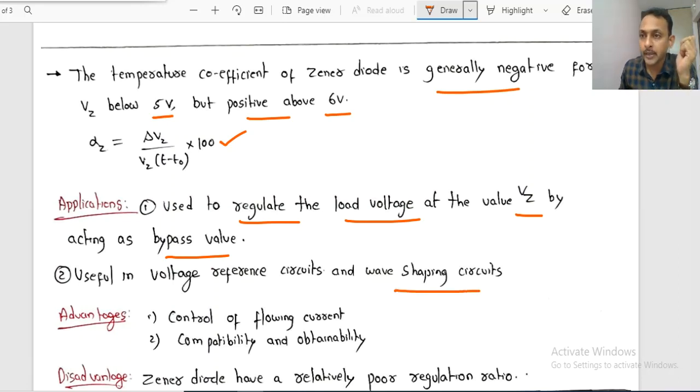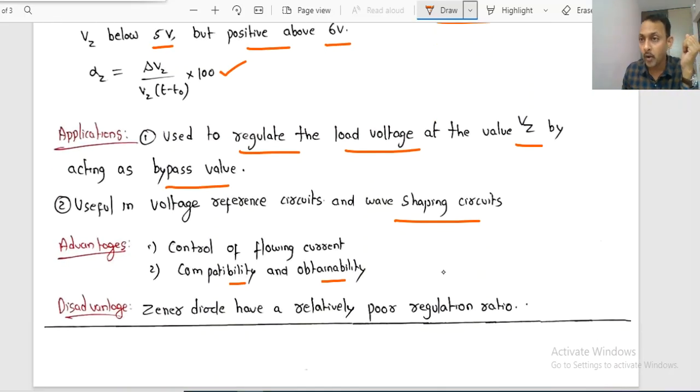With respect to its advantages, we can control the flow of current by connecting an external resistor in the circuit, and it has good capability and availability. The disadvantage is that the Zener diode has poor voltage regulation; the percentage change in voltage is poor.